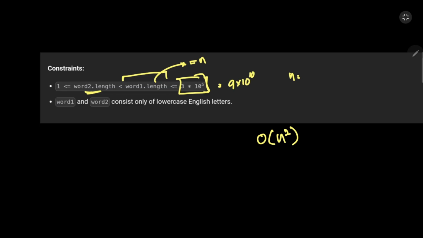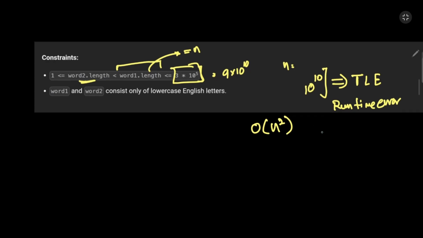Now in LeetCode or in Codeforces also, remember that if your time complexity is exceeding 10 power 10, then that will give you a time limit exceeded or runtime error. All right, so one thing is obvious here: a big O of n square solution will not work.